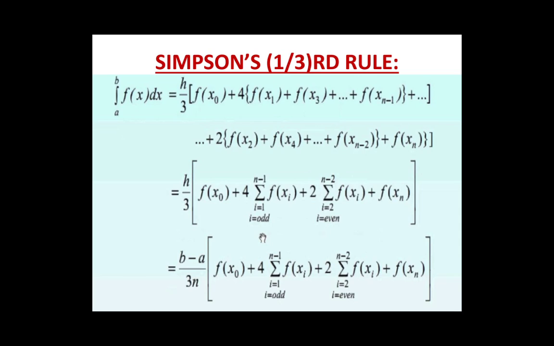So now let us see the second method of numerical integration, which is Simpson's one-third rule.